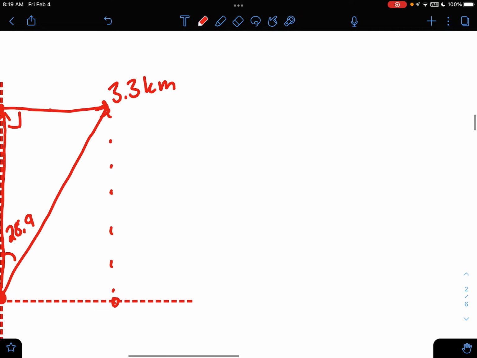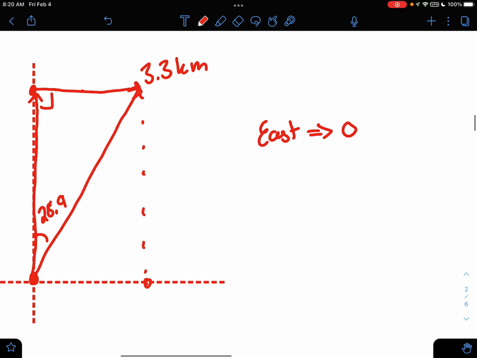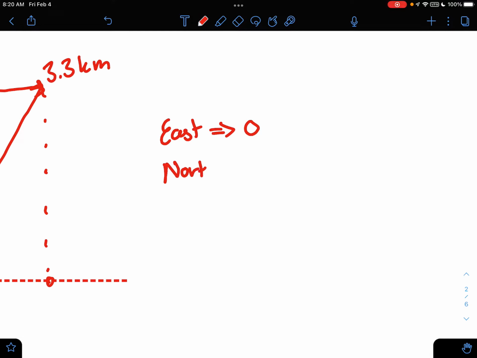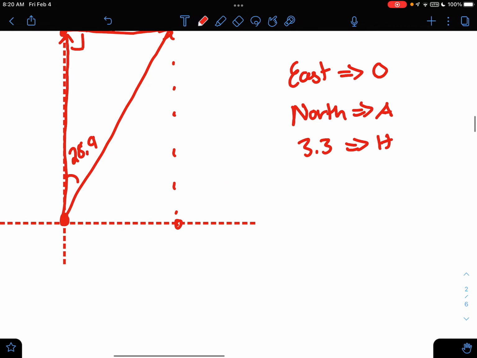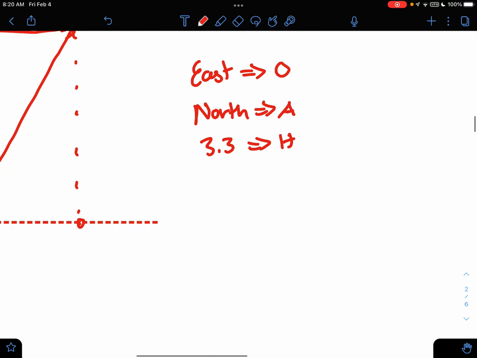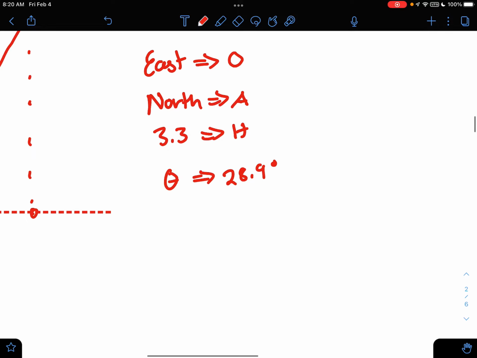Suddenly, east, I've now set that up as our opposite side. I've set our north as the adjacent side. And our 3.3, that's our hypotenuse, because here's our theta, our 28.9 degrees.